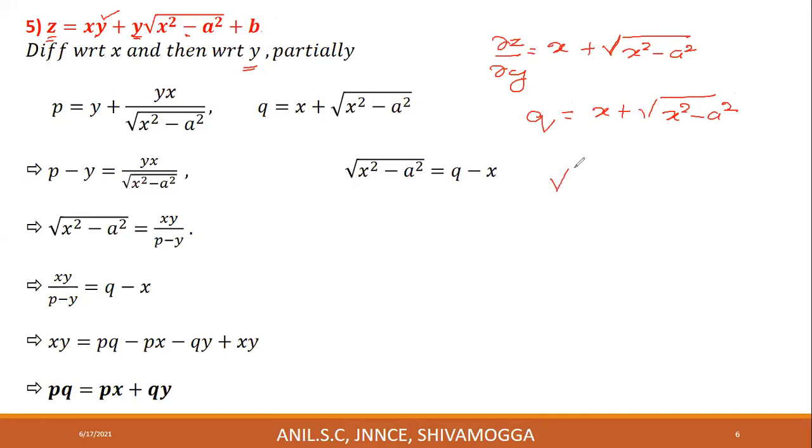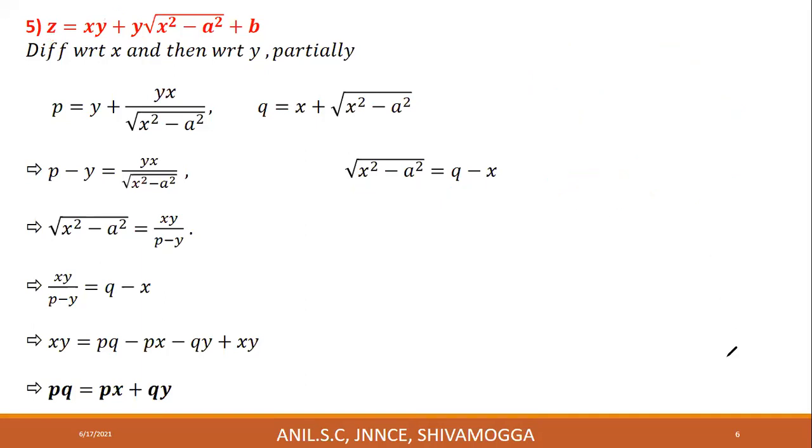Therefore, square root of x square minus a square is equal to, transform this x to LHS, q minus x. That's what I have written here.